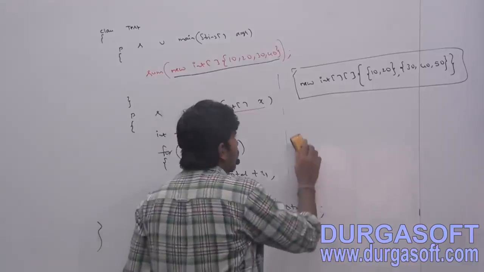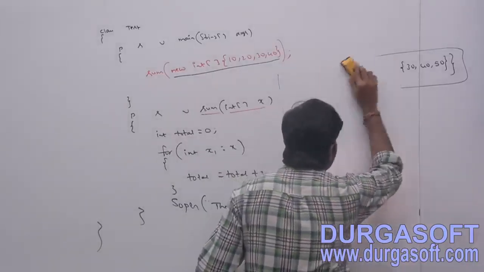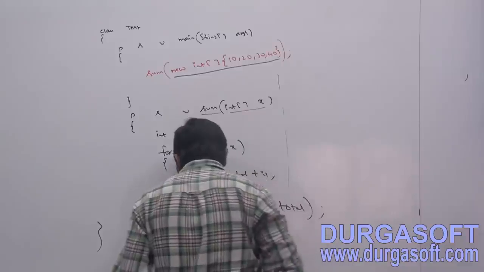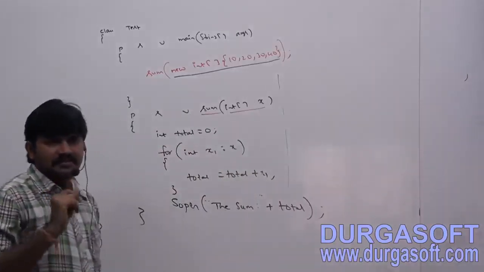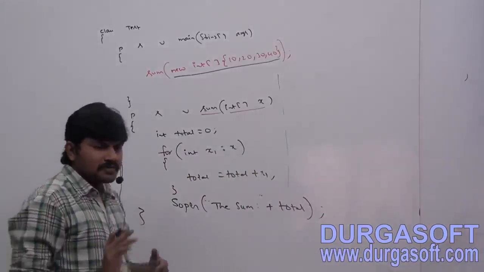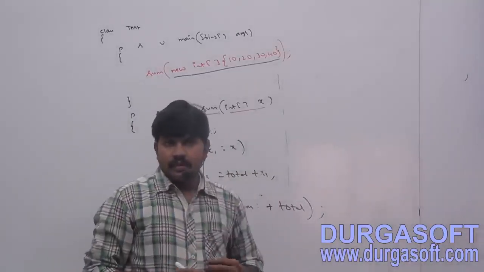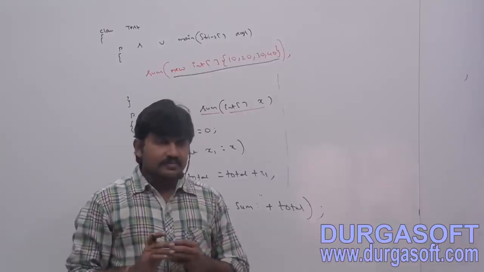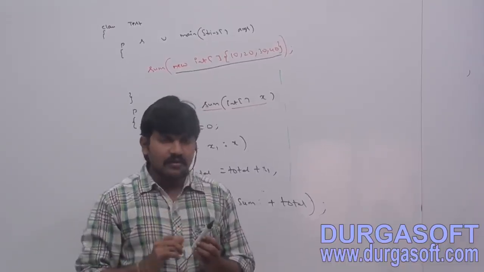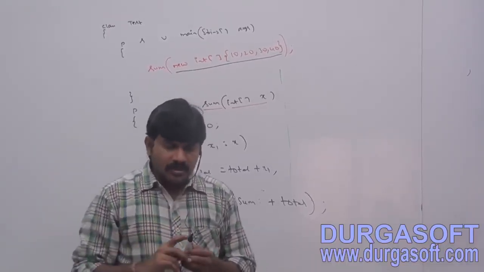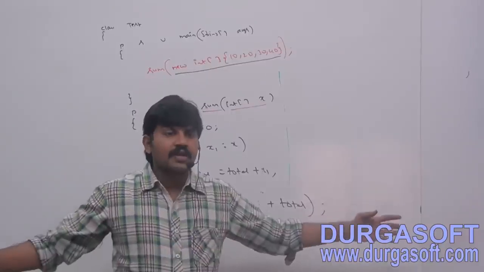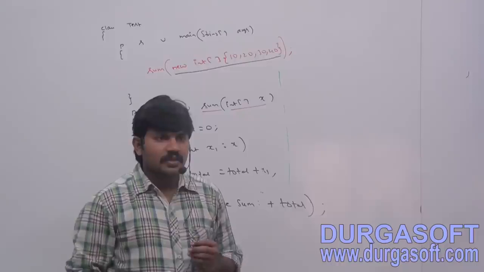Okay, next up. So the last conclusion about these anonymous arrays. Suppose, assume that you are traveling in the train. Most of the times you are going to meet several anonymous people. Are you getting?